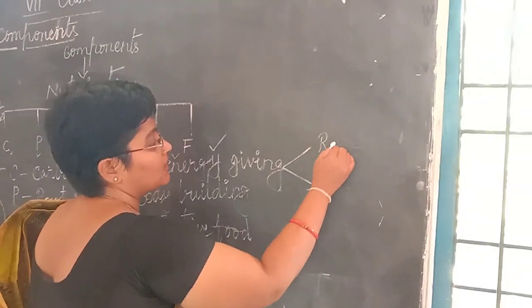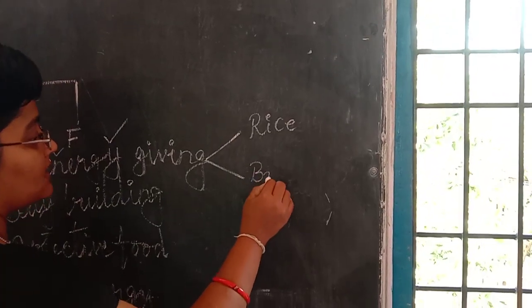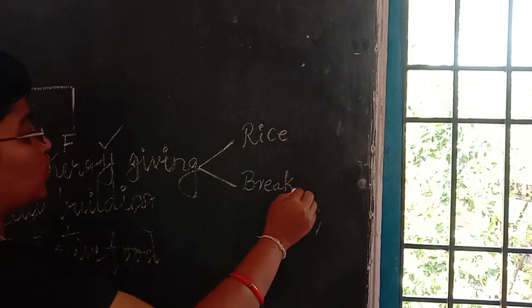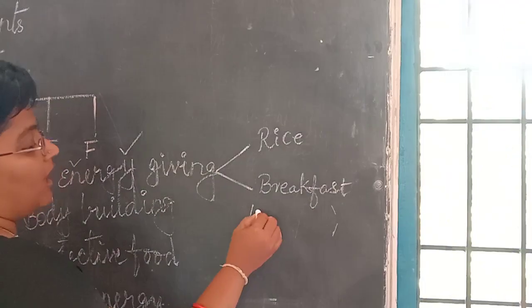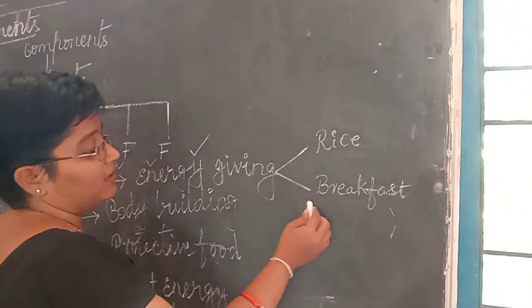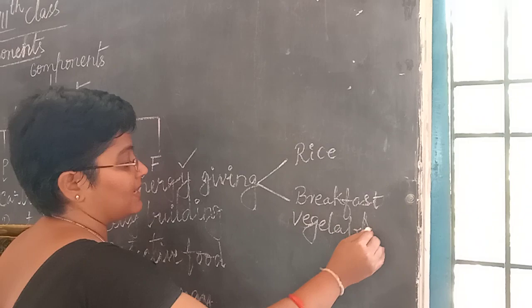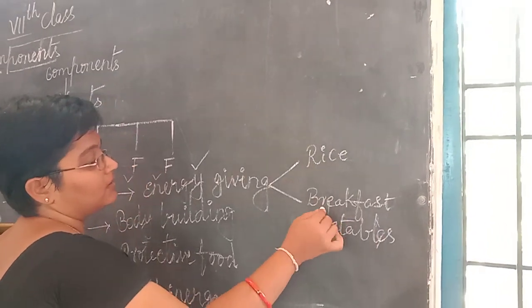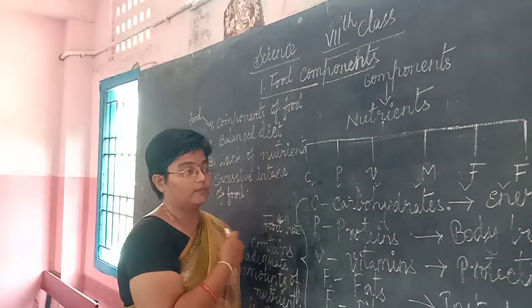It is the food which we take as lunch as well as breakfast, which contains the most carbohydrates. We get carbohydrates in some vegetables, in rice, and in breakfast items like idli, pongal and so on.